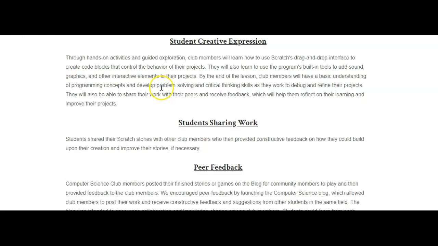To encourage creativity, students were not given specific assignments, but rather they were encouraged to play around and experiment with certain features on Scratch, as well as start developing their ideas of what stories they wanted to share with their classmates.